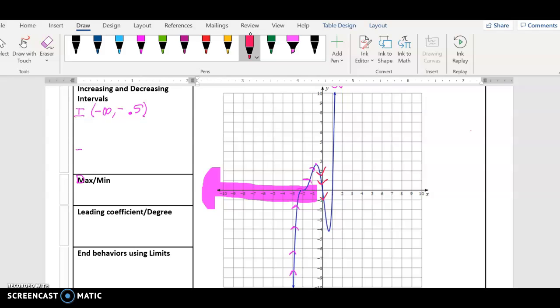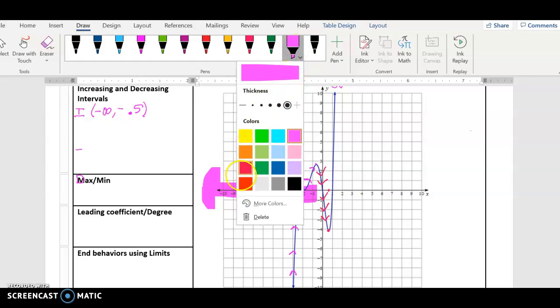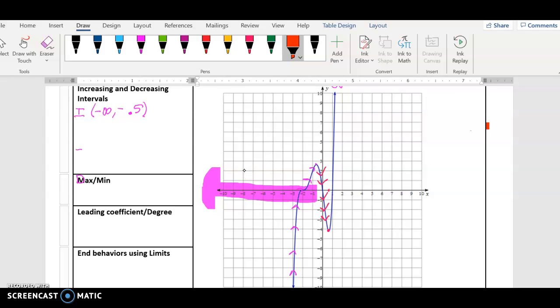Then part of the graph starts going down. So this is where the graph is decreasing until it gets to this point right here, which looks like it has an x value of +0.5. So the interval over which the graph is decreasing would be -0.5 to +0.5, it looks like. So decreasing between -0.5 and +0.5.